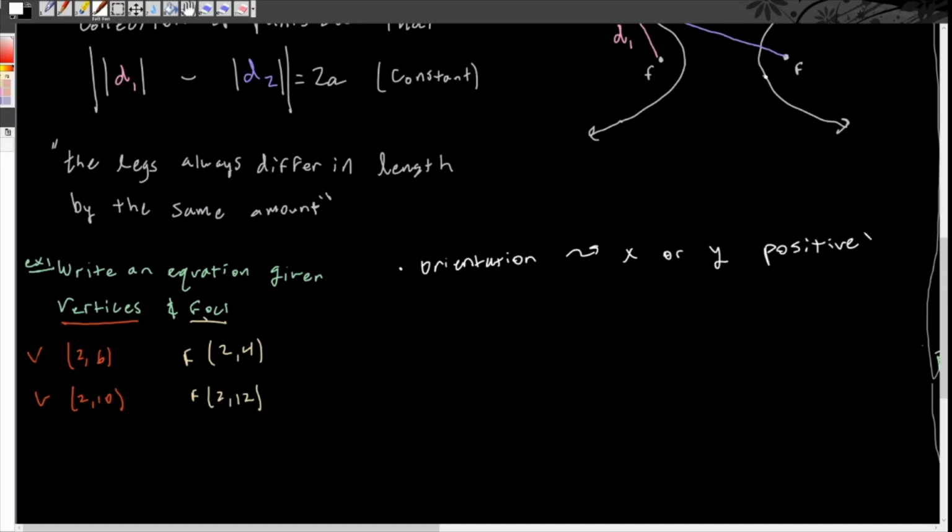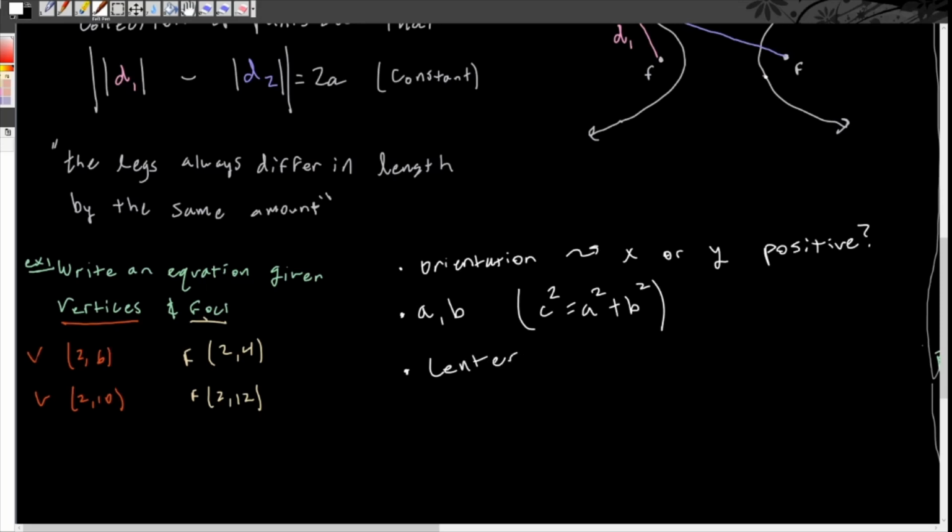So we have to determine the orientation. We need A and B still. C would help us get A and B, and the equation is c squared equals a squared plus b squared. And then we need the center, just like always.